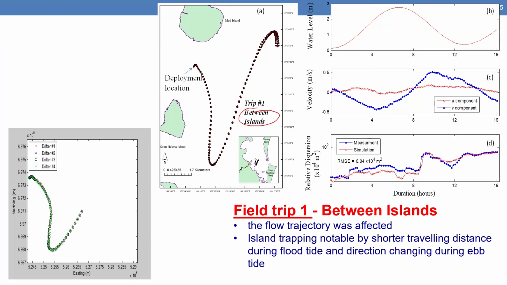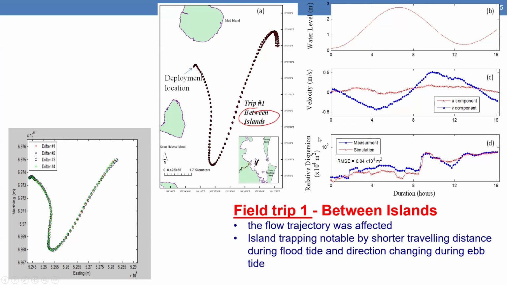Then we did the analysis and tried to get the relative dispersion coefficient for the area. Then we use those parameters back in our model. Now we are not using a constant, we are using a varying coefficient in the model.